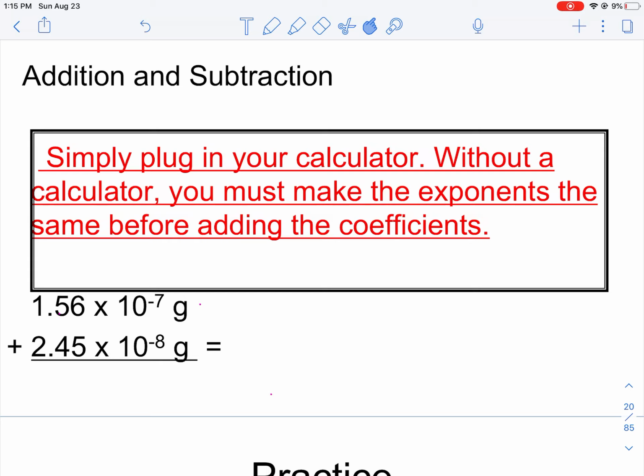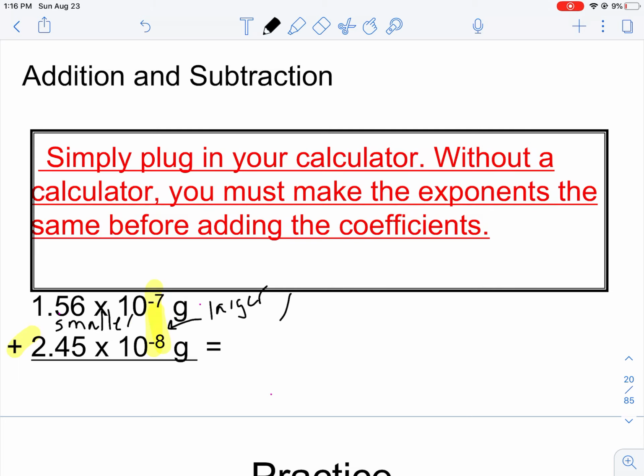So we're adding these, and what we want to do is make sure that our exponents are the same. In this case, they are not. So I'll go ahead and make 10 to the negative 8, 10 to the negative 7, so I'm making it larger. If I make that larger, I'm making this smaller.